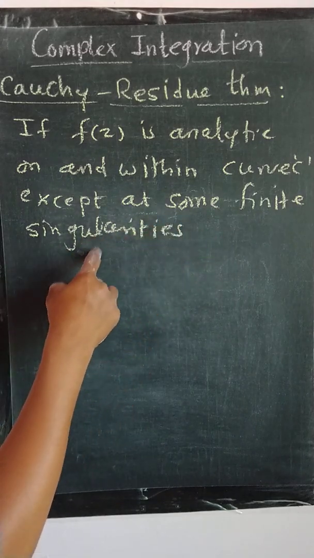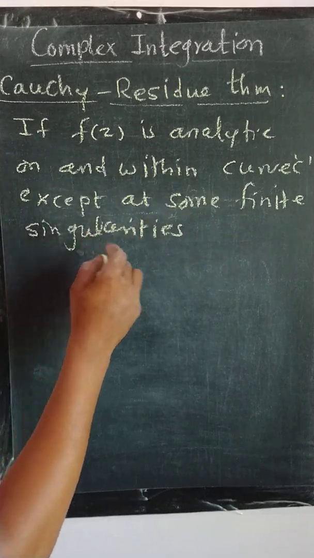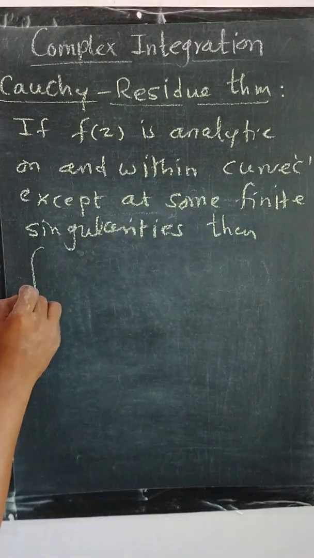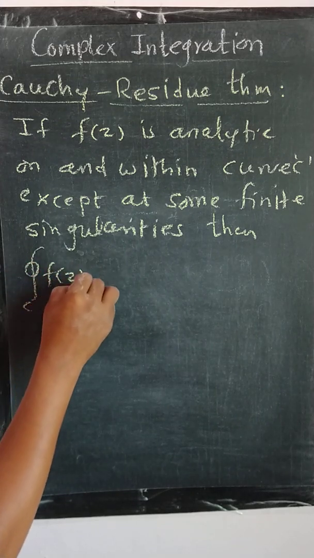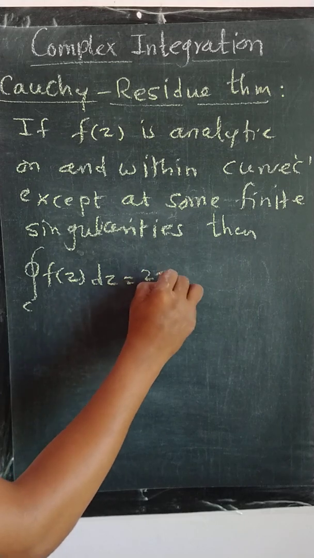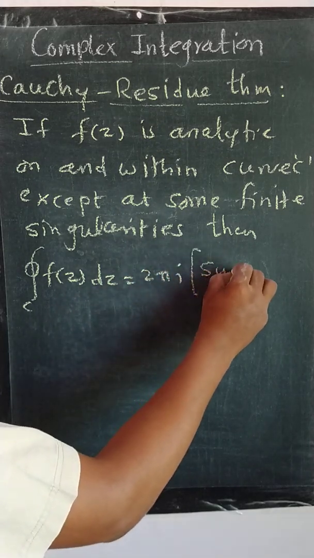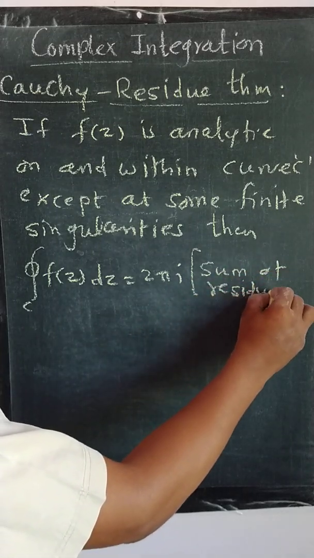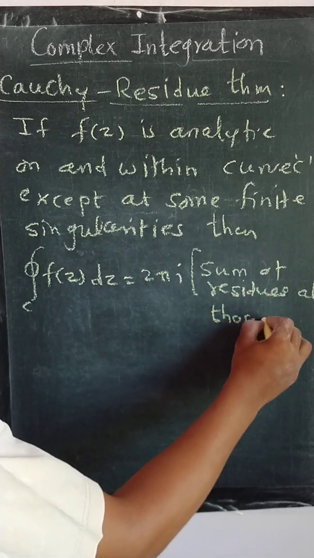Singularities are the points at which the function is not analytic. So except at some finite singularities, then the integration over the closed curve C of f(z) dz is equal to 2 pi i times the sum of residues at those singularities.